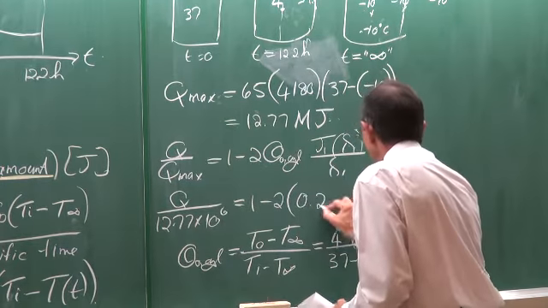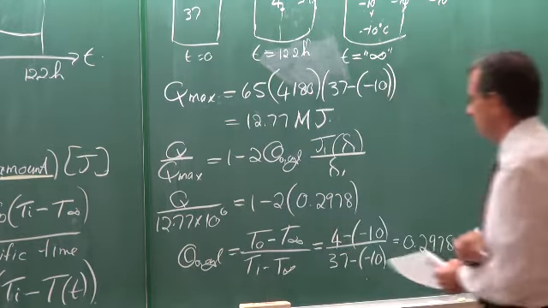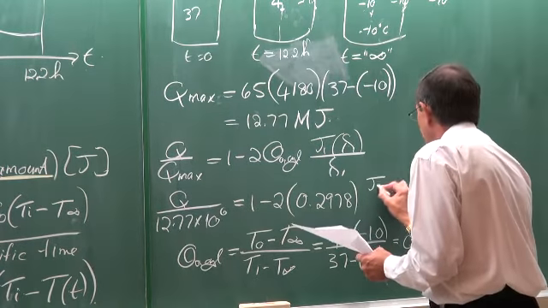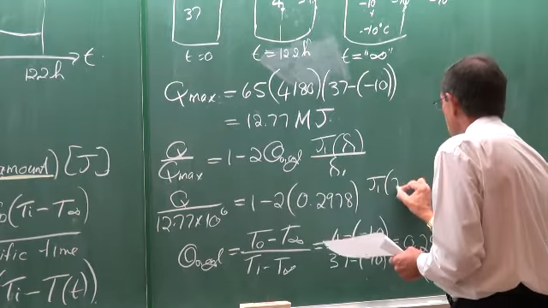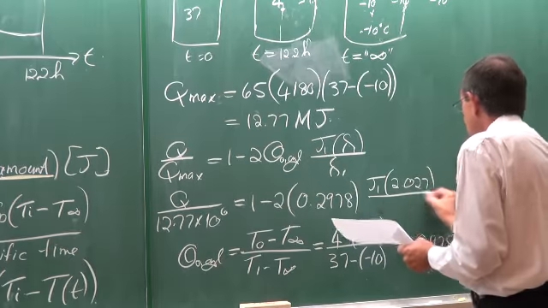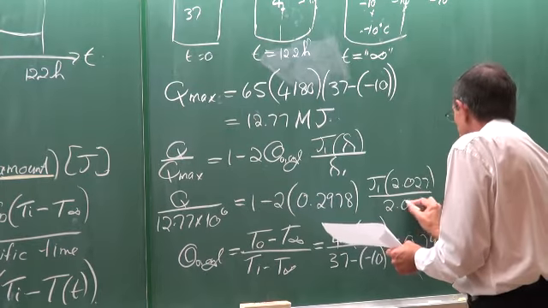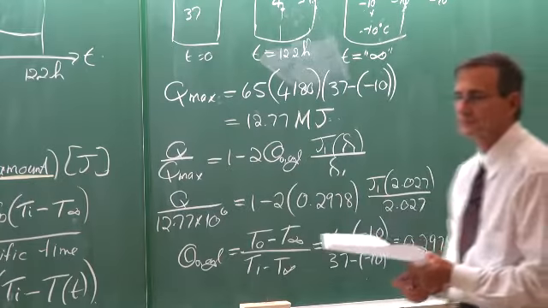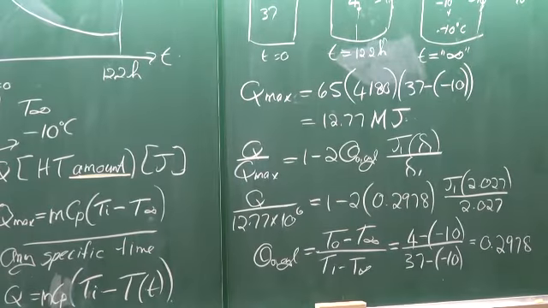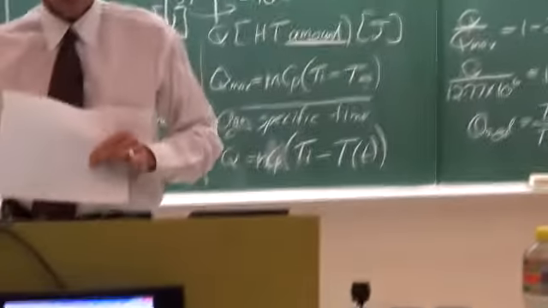So 0.2978, okay, multiplied by J1 of lambda. And lambda is equal to 2.027, divided by lambda, which is equal to 2.027. Right? So if we look now at J1, what is the value of J1 at 2.027?